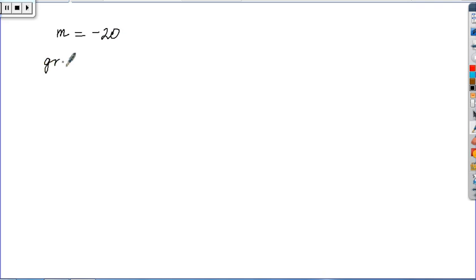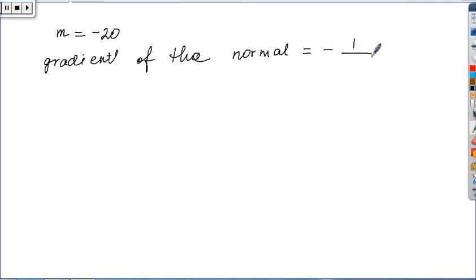So the gradient of the normal is going to be the negative reciprocal of the gradient of the tangent, which is minus 20. So our gradient is going to be 1 over 20. The same point as previously, so (2, 5).